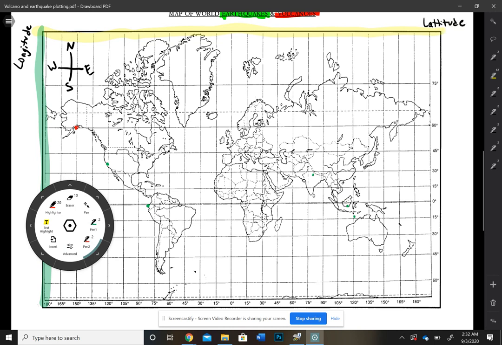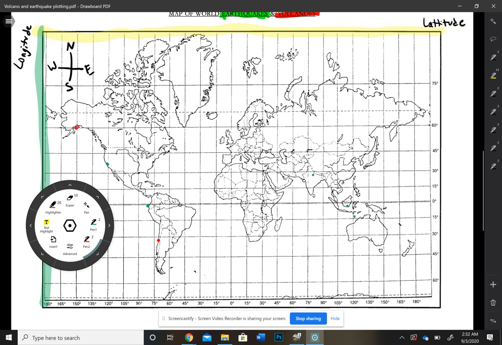Next one. 35 south, 70 west. 35 south, that's this one. 70 west. That is right there.